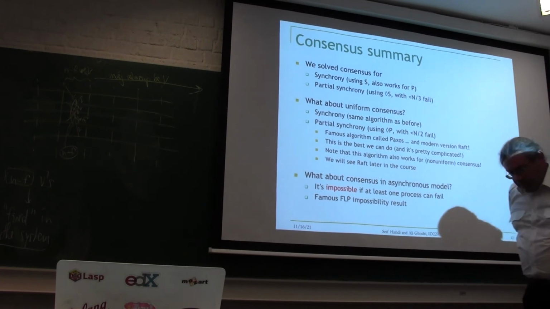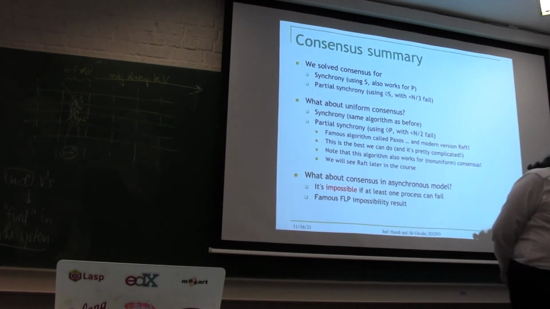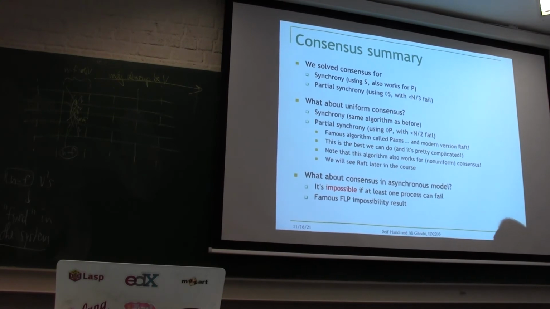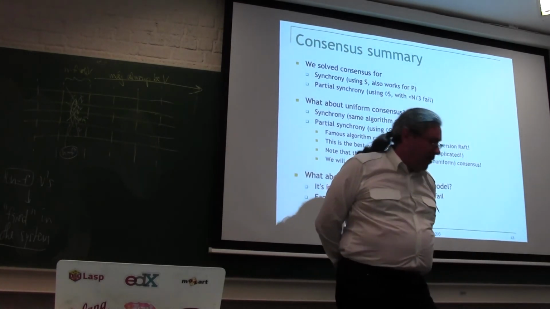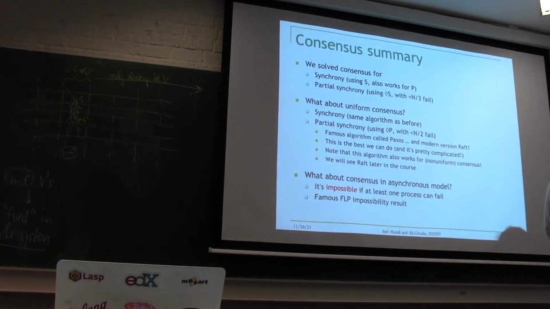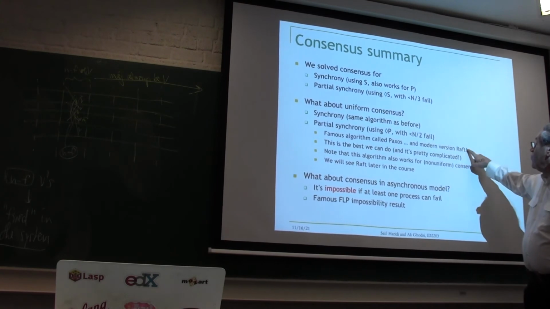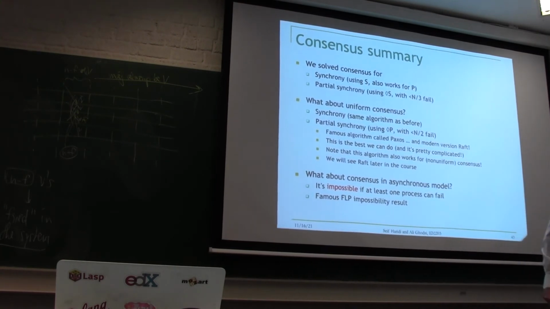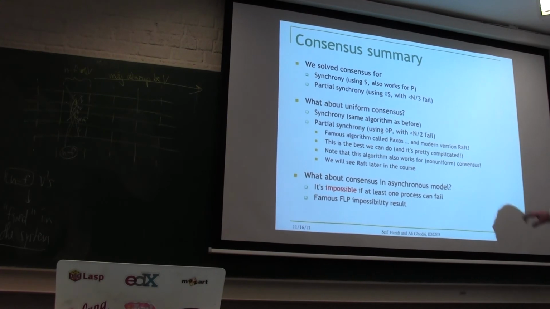My analogy is that a long time ago, the ancient Greeks, Archimedes, the famous Greek mathematician, determined the value of pi using geometry, okay? But people don't teach that anymore because using integrals is much easier. So I'm not going to actually teach Paxos, even though it's a brilliant invention by Leslie Lamport, but I'm going to show you a simpler version called Raft, which is just as powerful as Paxos and much more intuitive.